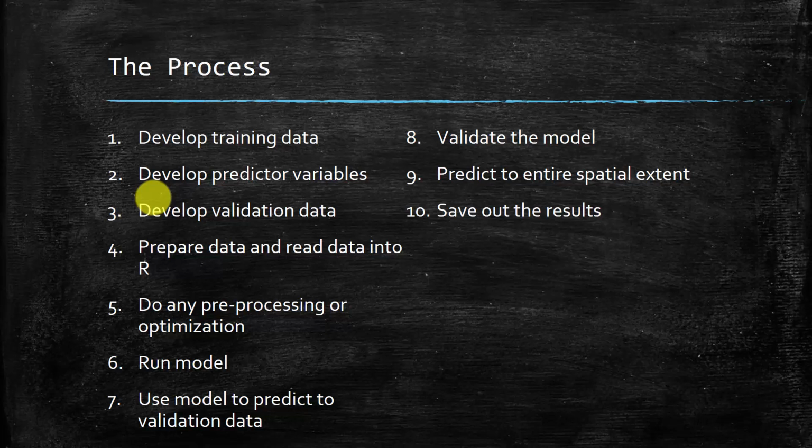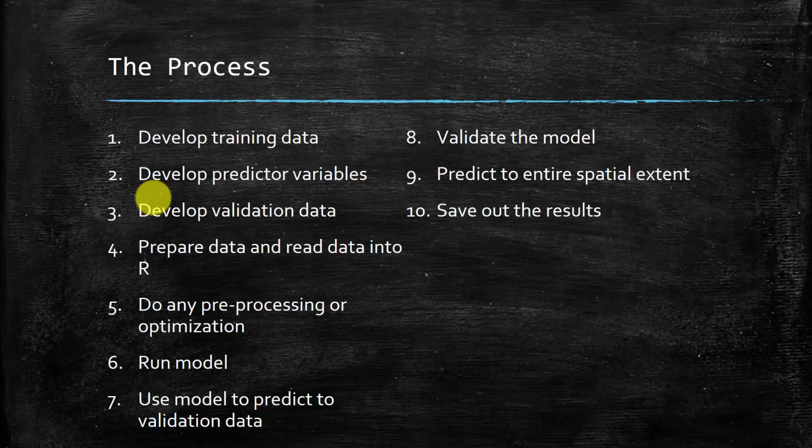Then, once it's prepared and ready, you need to run the model. Once you run the model and it's created, you can use it to predict your validation data and then validate the model. Again, later on, we'll talk about some of the common accuracy assessment methods that are used to validate maps. Then, if your model is good enough, you can use it to predict the entire spatial extent.